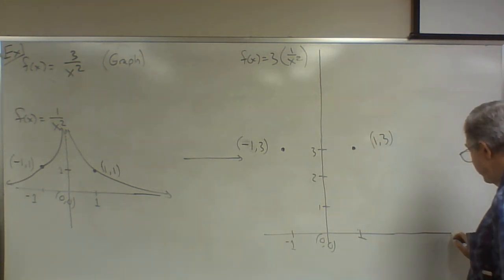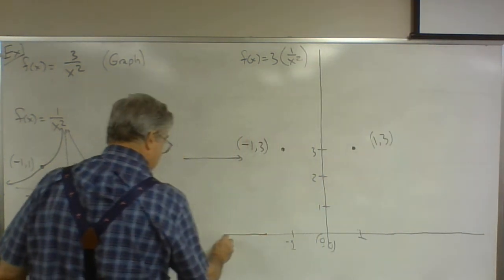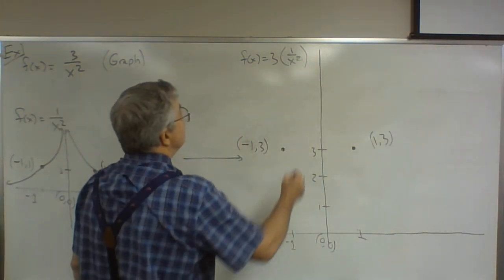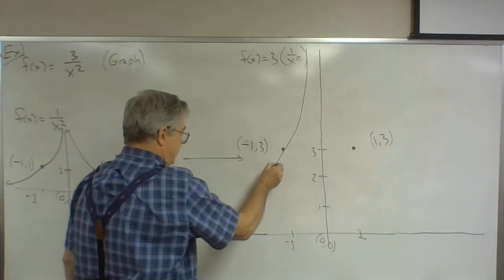The x and y axis are still going to be asymptotes. So now we're going to have this sort of thing.